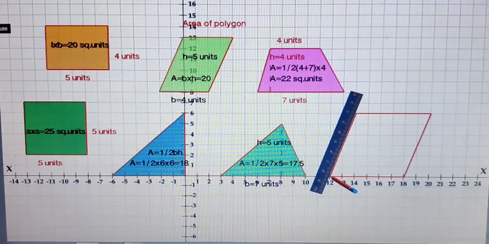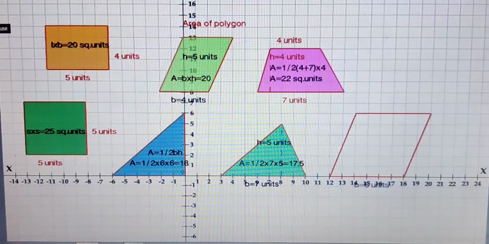If 4 sides are equal. The base is 6 and height. Count the units in the perpendicular y-axis. Height is 6. Then the area of a rhombus is base into height, 6 into 6, 36 square units.